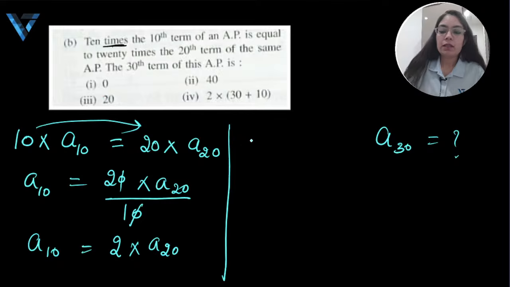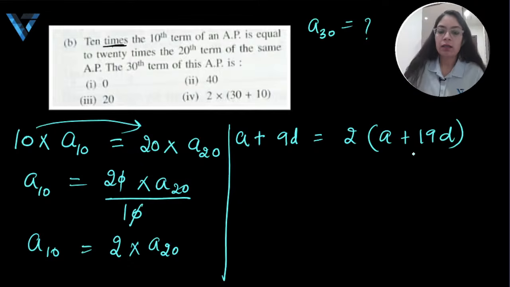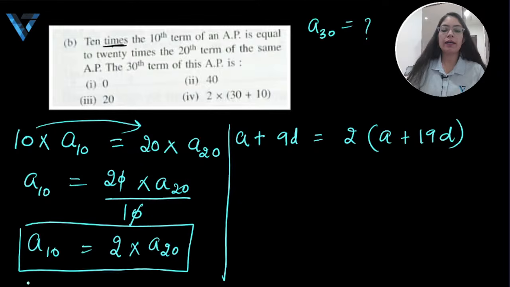So A10 is equals to A plus 9D. This is equals to 2 into A20. A20 is A plus 19D. I have just written their formulas. From here I got A10 is equals to 2 into A20.